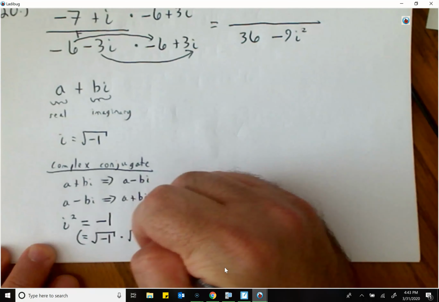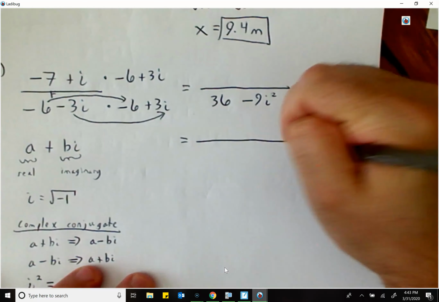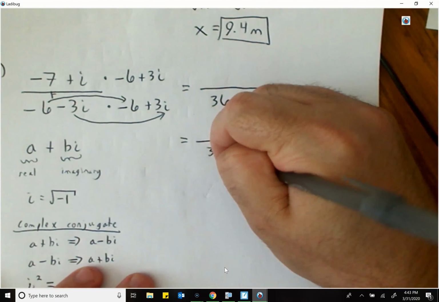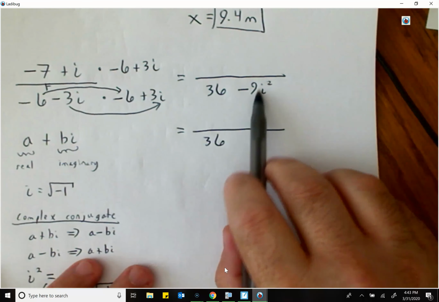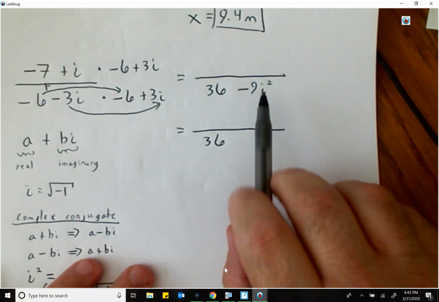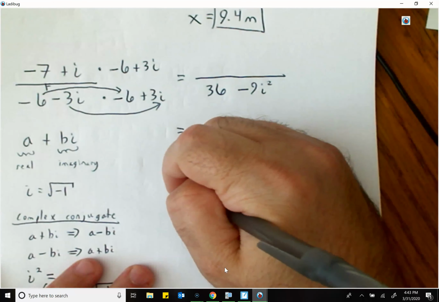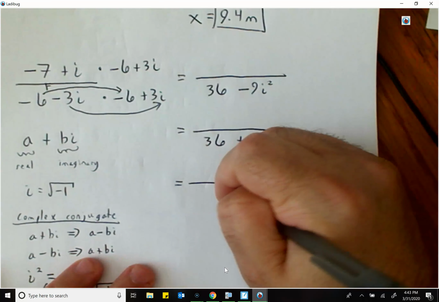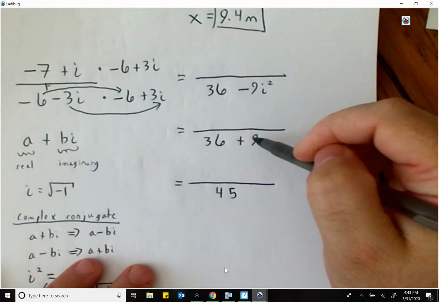That's really what's going on with an i squared. So up here, this denominator is really 36. Well, what's a -9 times a -1? Because that's really what i squared is. That's a positive 9. So in the end, our denominator is a 45. Because 36 plus 9 is 45.